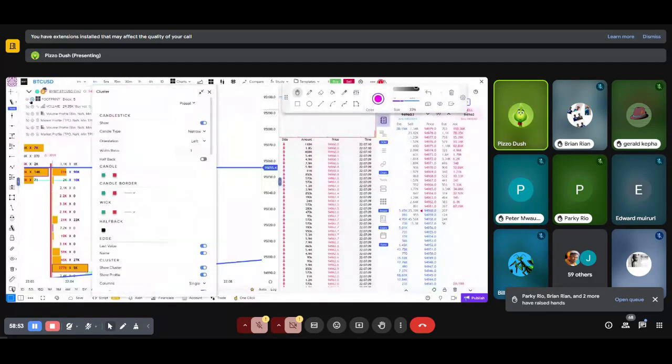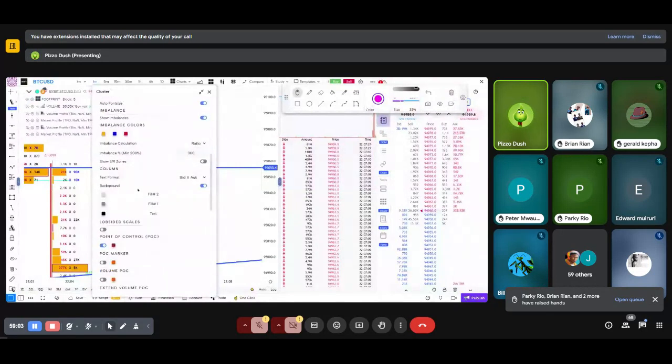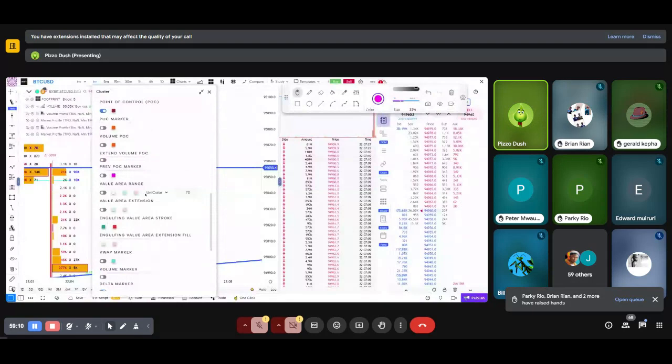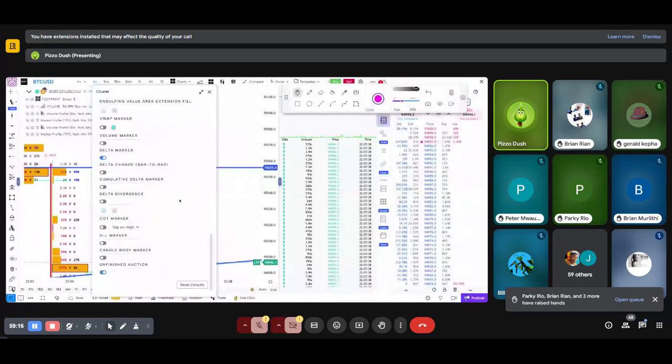I'll share to the group, so make sure your settings are exactly like mine. I've sent all the settings, let me send them in order so they don't confuse some of you, one by one.